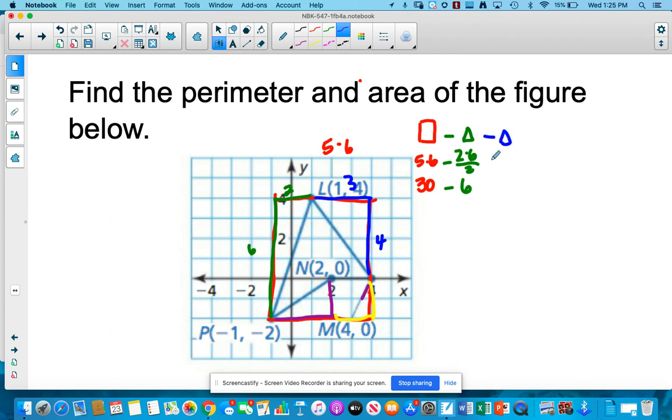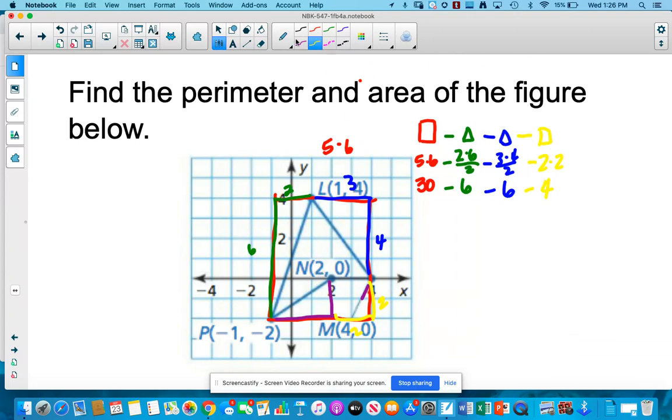So 3 times 4 divided by 2 is 6. Then let's go down to our yellow, which is a 2 by 2. So we're going to subtract the yellow, which is 4.